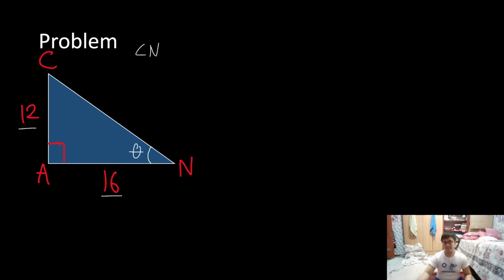So last time I told you that in getting the missing angle in a given right triangle, you can use any trigonometric ratios as long as it's correct. Okay, but the highly recommended trigonometric ratios that you are going to use in terms of finding the missing angles are sine, cosine, and tangent.